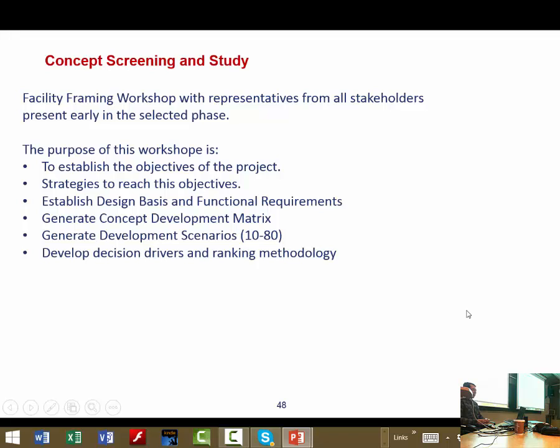So in the beginning of the concept selection and concept screening phase, a facility framing workshop is held with representatives from all stakeholders present early in the selection phase.